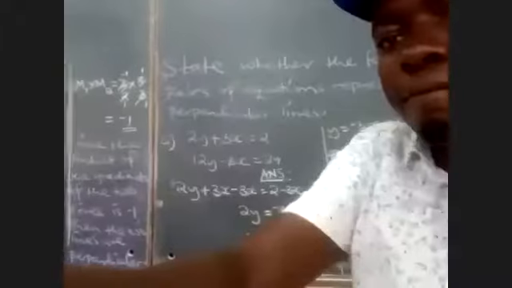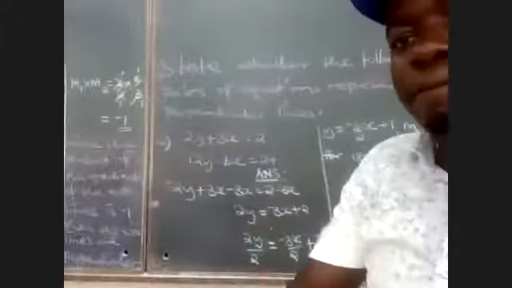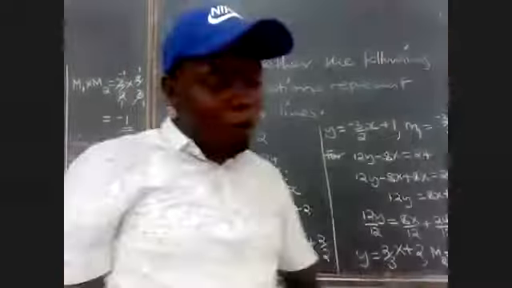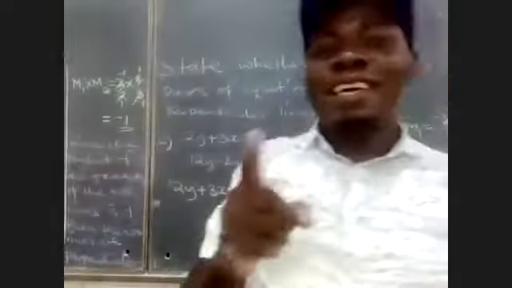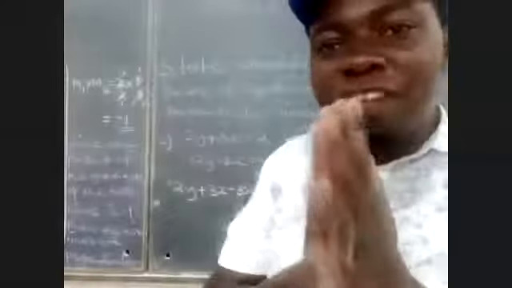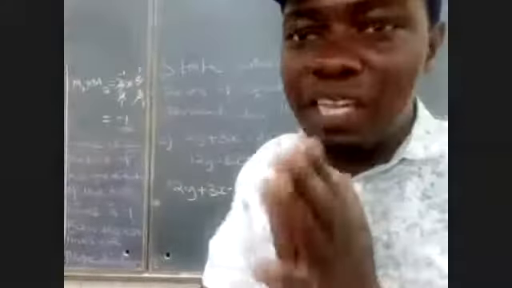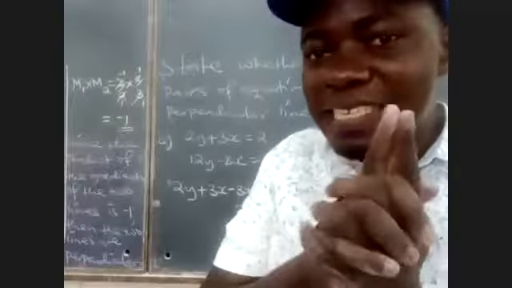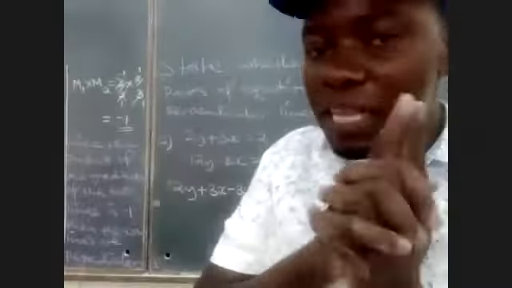You know how we said that parallel lines have the same gradient and perpendicular ones don't. So can you just say that since the gradients aren't the same, then they're perpendicular, or do you have to do M1 times M2 is equal to... Oh no, it's not that lines that have different gradients must be perpendicular. Those lines have different gradients and they are not perpendicular.